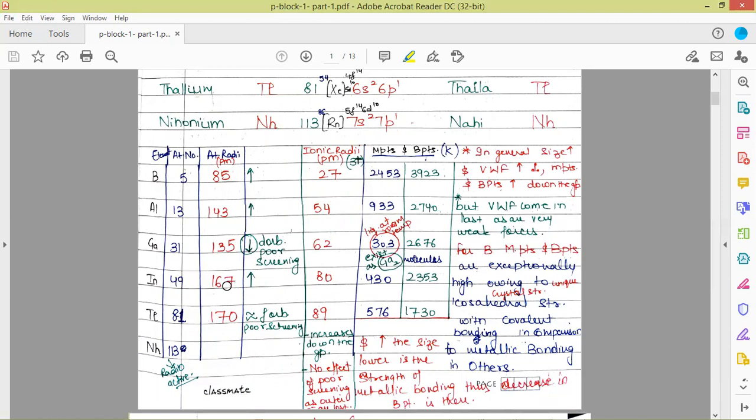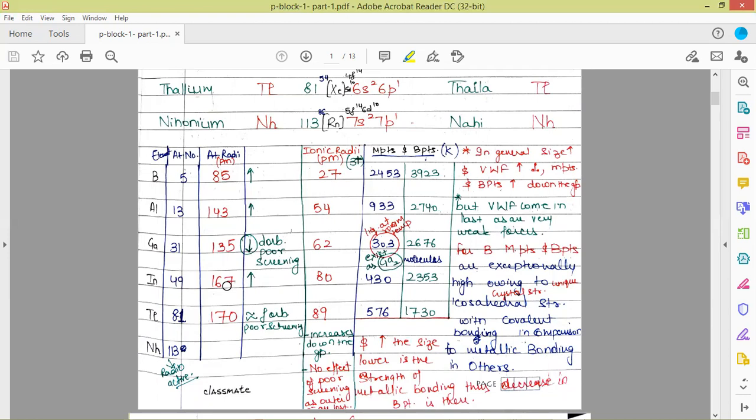So why is it so, and what is the reason behind this? The reason behind the decrease in atomic radii from aluminium to gallium is the introduction of d orbitals. There is a filled d subshell. The electrons present in the d subshell have a poor screening effect. They do not screen the nuclear charge effectively.